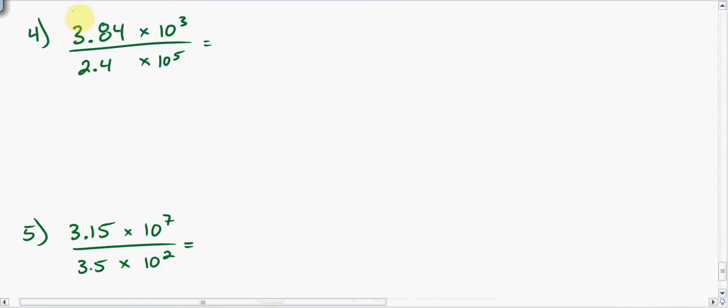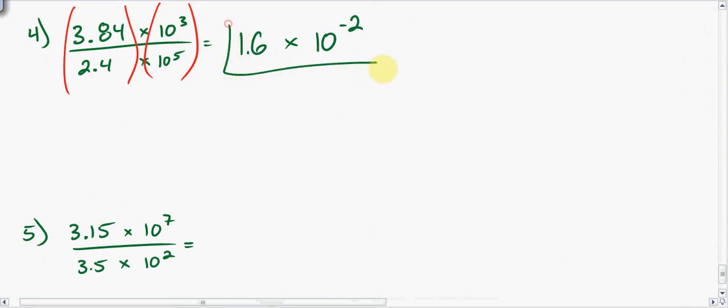I can simply regroup like this, because the numbers are stacked. I've got 3.84 divided by 2.4. I can divide these two numbers and I get 1.6 times 10 to the, remember, subtract these exponents, 3 minus 5 gives me negative 2. This will be my final answer.